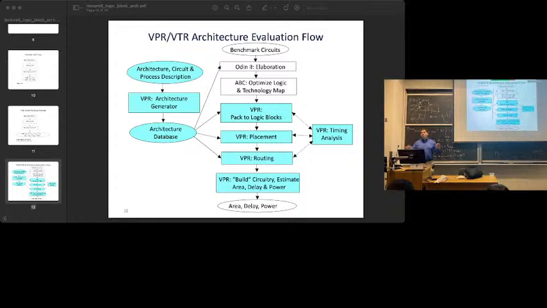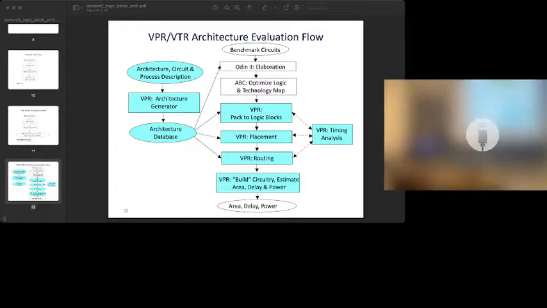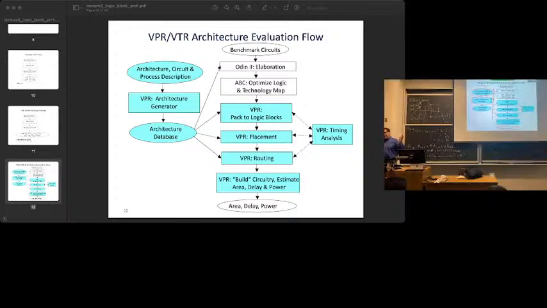There's a language to describe what this FPGA looks like, and a human can type it in. The first phase of the CAD flow is an architecture generator that takes this description, which might be 100 lines, or 1,000 or 5,000 lines, depending on how complicated your architecture is. It turns it into the really big data structures that define an entire FPGA.